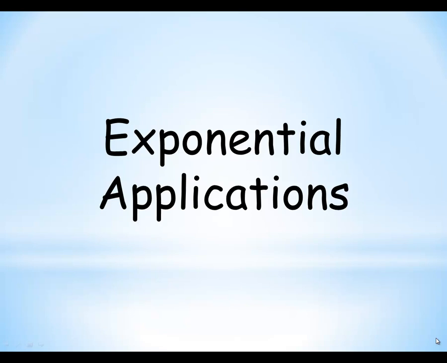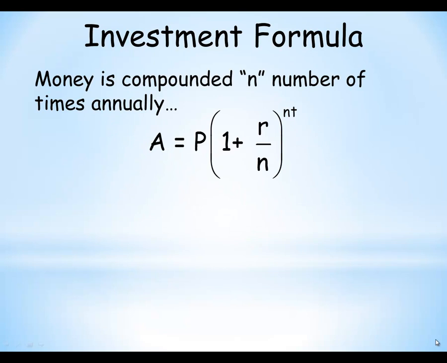Now let's look at some word problems or exponential applications. Money is compounded n number of times annually, and we use this formula: A equals P, parentheses, 1 plus r over n, close parentheses, raised to the n times t.